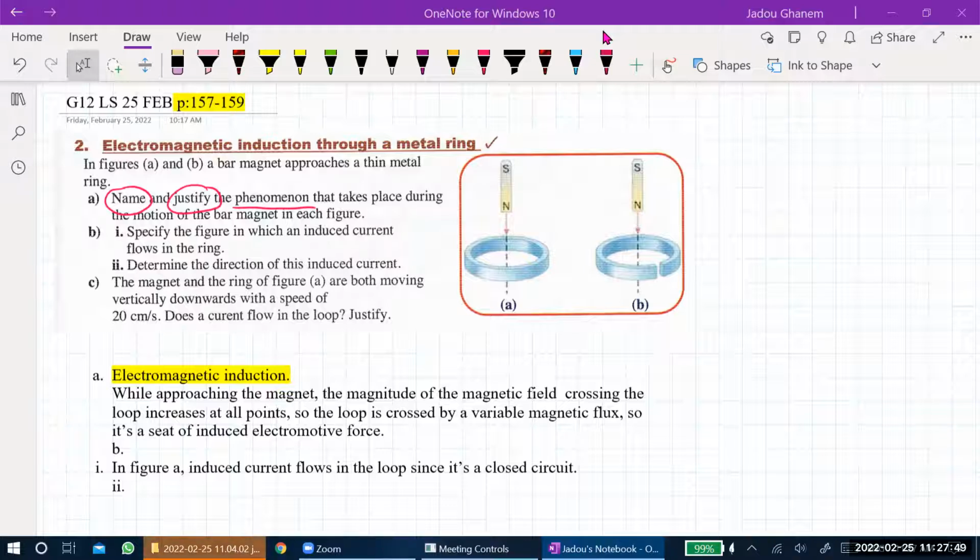Okay, go. First, this is figure A because the circuit is closed, so it becomes a loop. Okay. The direction of the current, how can we specify the direction of I? Are you still with me?